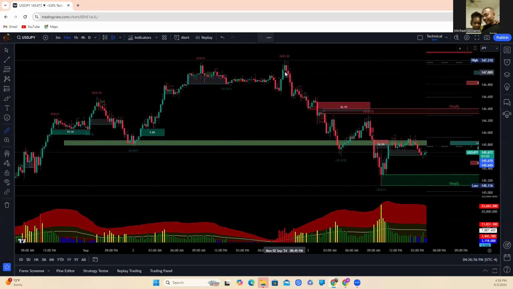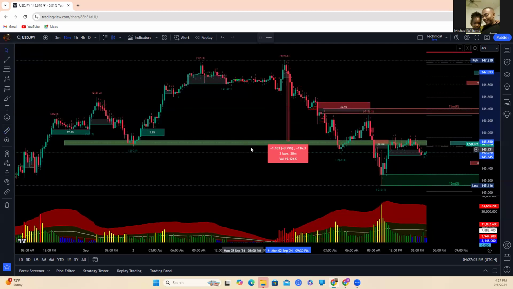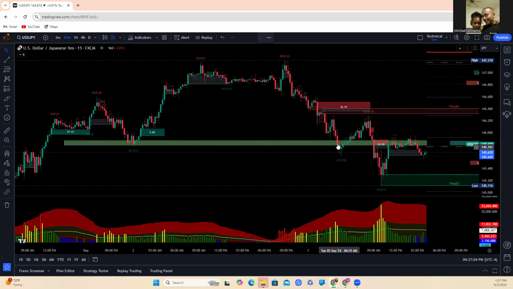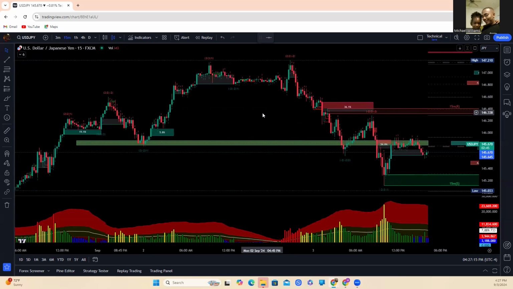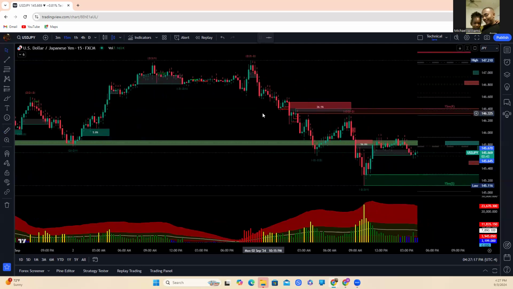I was able to get in right there and take it all the way down into this area. Right about here, this 4 a.m. candle hit my take profit and I was out of the move. So that was the trade I took between last night and tonight, and those were the reasons and confluences behind me taking that trade.